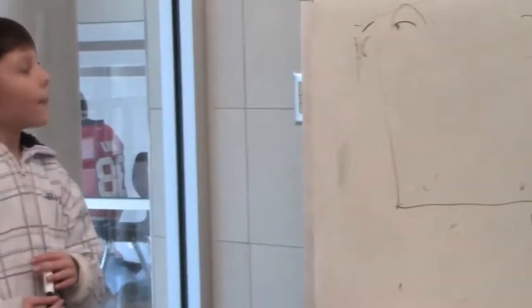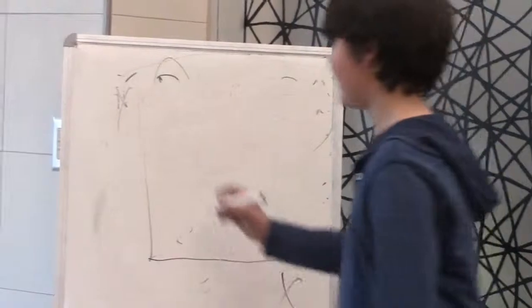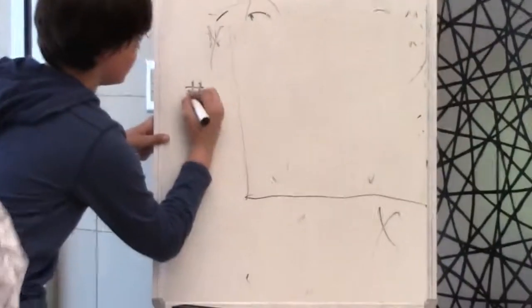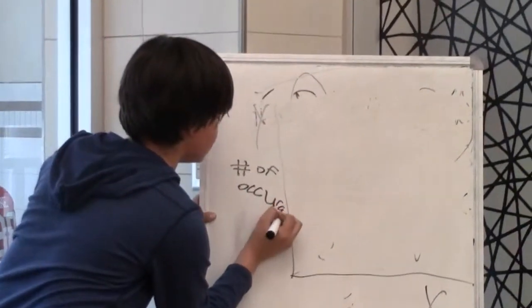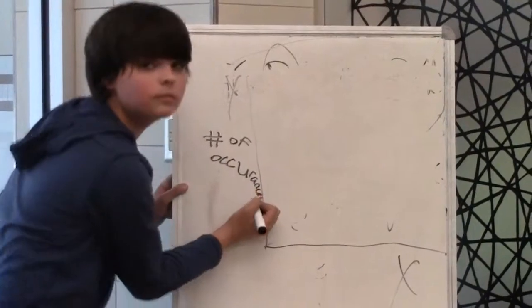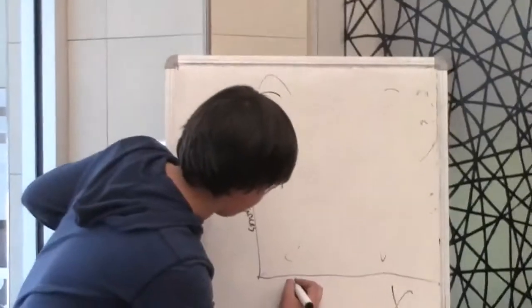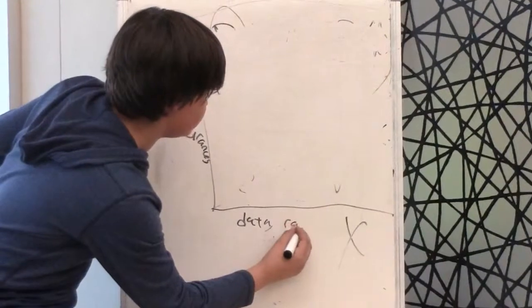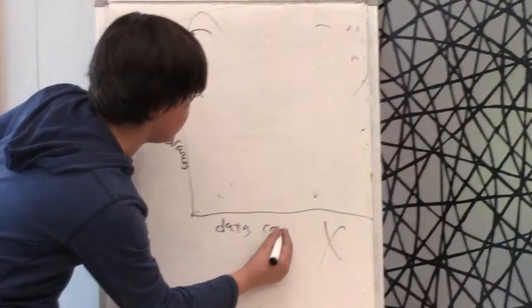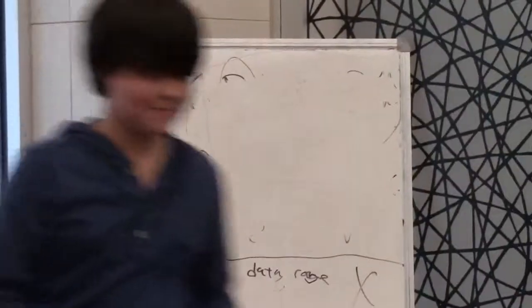Oh, so you label it so the Y has the number of occurrences, and the X line is the data range. That's how you do the histogram.